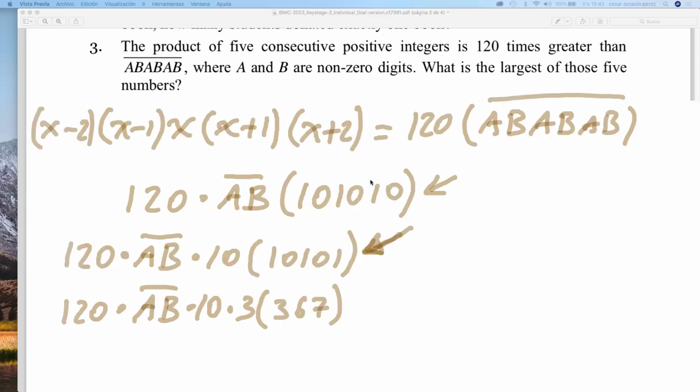Oh, no, no. AB. Ah, we have here an error, we made a mistake.